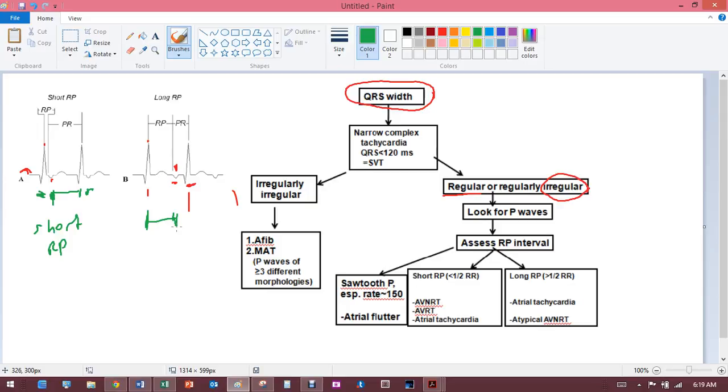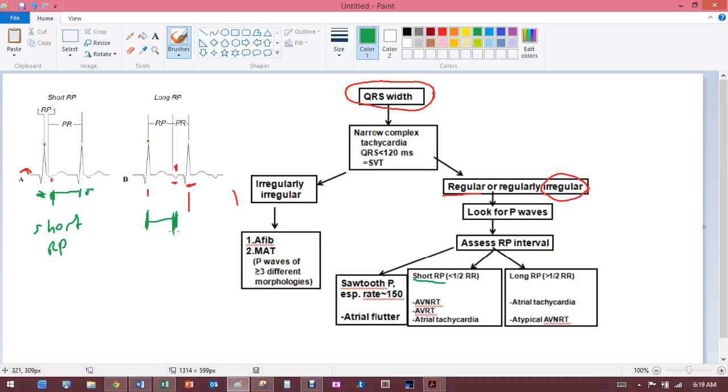So when you've assessed that, you can narrow down the cause of this based on there being a short RP or long RP. If it is a short RP, as shown here, meaning the RP is less than 1/2 the R to R interval. Remember that the RP is the space from the R wave to the next P wave. You see this is long.